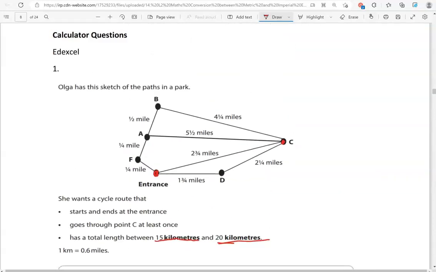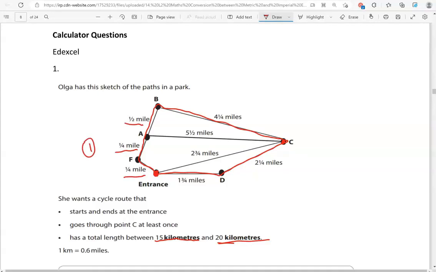So let's try going through F, A, B, C, D, and then back to the entrance. So we have a quarter and a quarter of a mile, which is half and a half, that makes 1 mile.